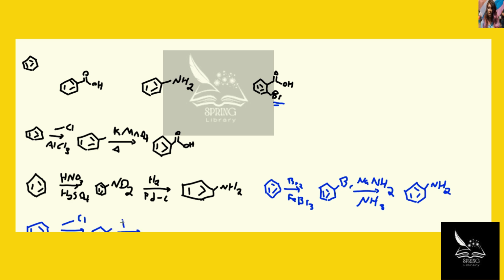So we can add the bromine, just like in this step here. But electron donating groups direct ortho and para, so we would get two products. We would get the ortho product, but then we would also get the para isomer.